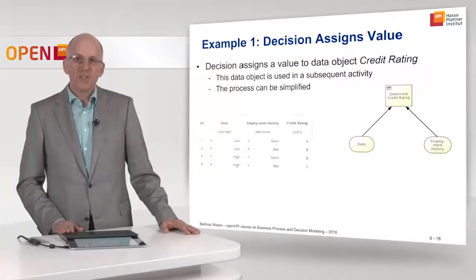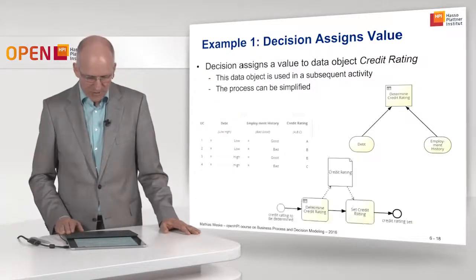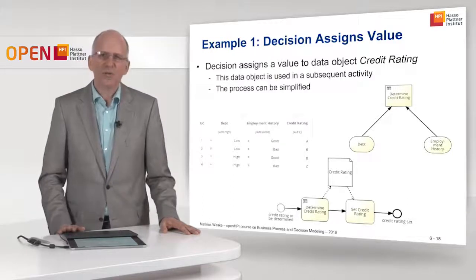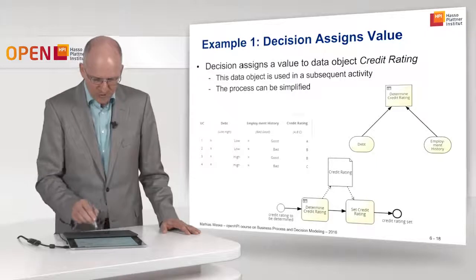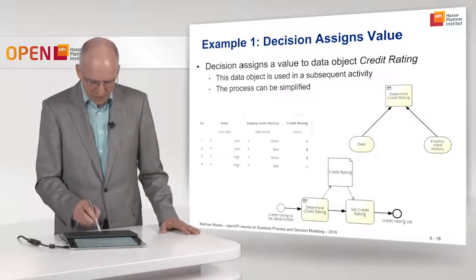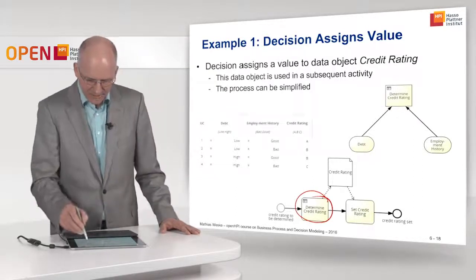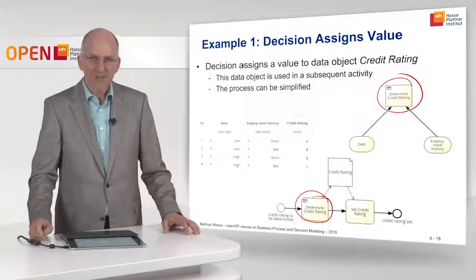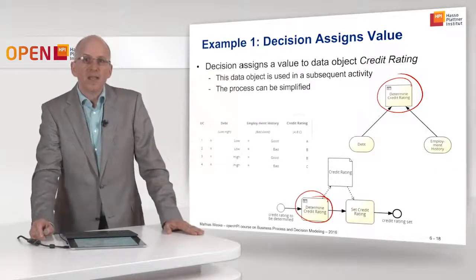Now, when we have the decision requirements of this example on the right-hand side, and when we have the decision table that encodes the decision logic, we can also look at how a process would look like that uses this decision. Here we have a new version of the credit rating process, in which we have one decision task, determine credit rating, and that's specified by the decision, determine credit rating, with the same name.